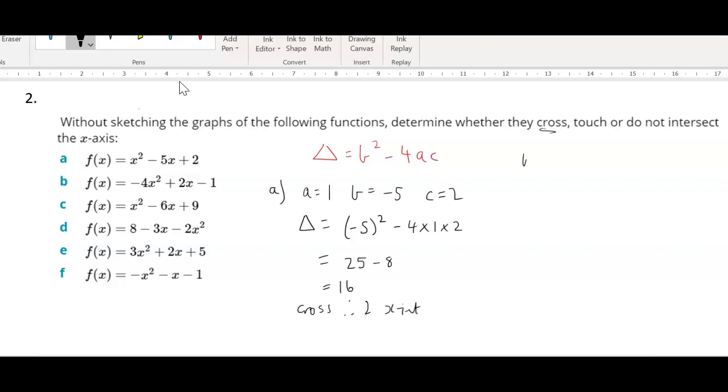Let's do B and hope that we get a different scenario. So a is -4, b is 2, and c is -1. Again, we're substituting it into the discriminant. B is 2, so 2 squared minus 4 times a.